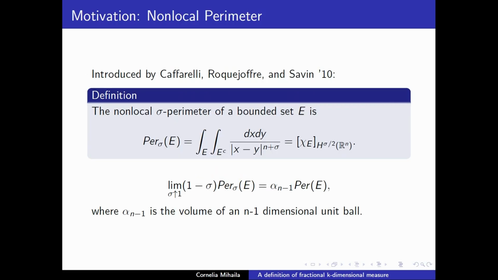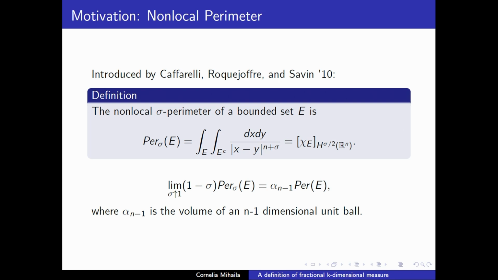So I'm going to start with non-local perimeter, which is measuring things. This was introduced by Caffarelli, Roquejoffre, and Savin in 2010. We defined the sigma-perimeter of a set E, for sigma between 0 and 1, to be the double integral over E and E complement of the following kernel: 1 over the distance between x and y to the n plus sigma.